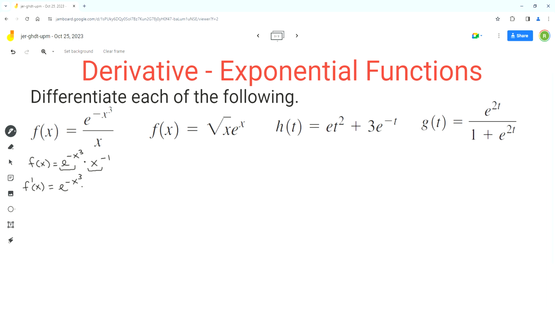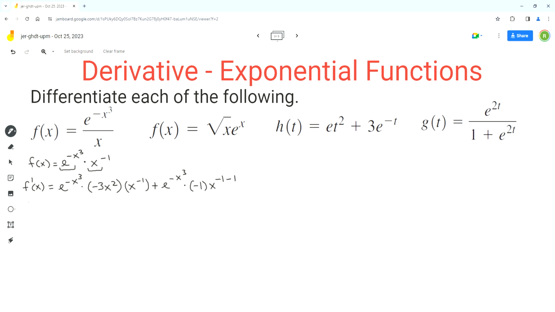So as per the power rule, the derivative will be negative 3x squared times the second term plus the first term, which is the e term, times the derivative of the second term, and for that we can use the power rule. So we'll move the negative 1 from the exponent to the front and subtract 1 from the exponent negative 1.